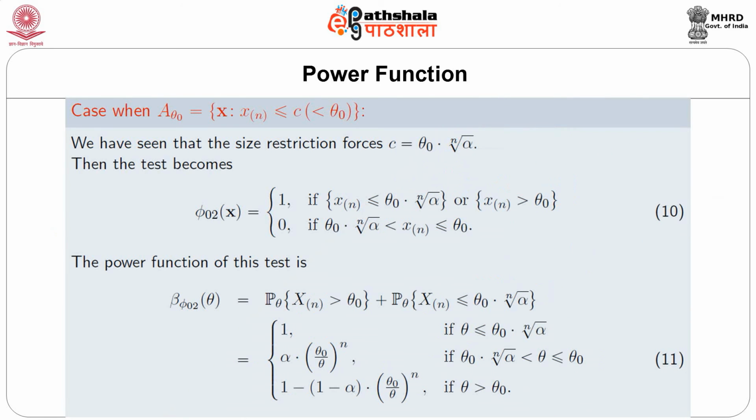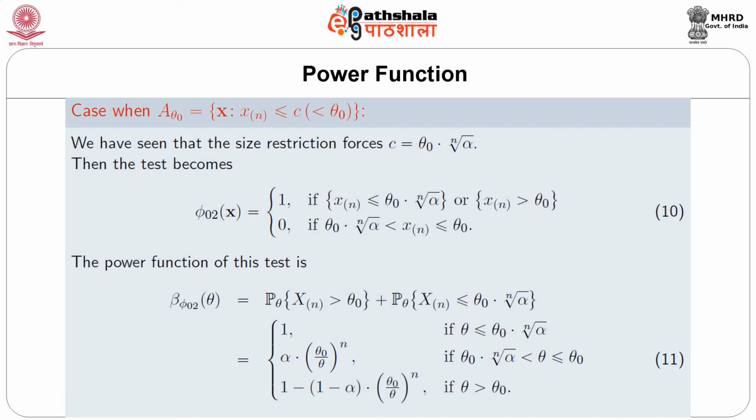Now, what about this test where A theta naught is maximum of x1, x2, ..., xn less than or equal to c? So, we have seen the size restriction forces c to be theta naught alpha to the power 1 by n.